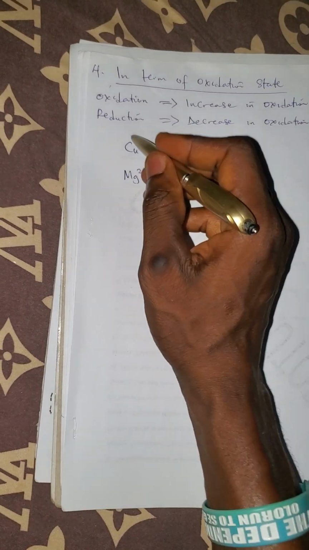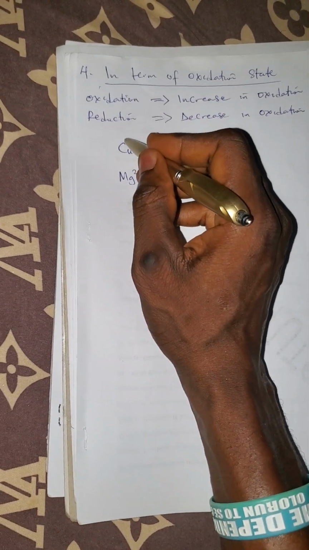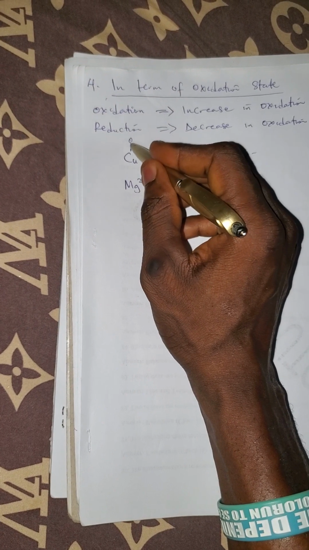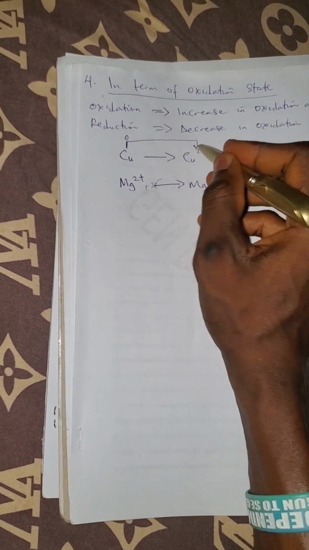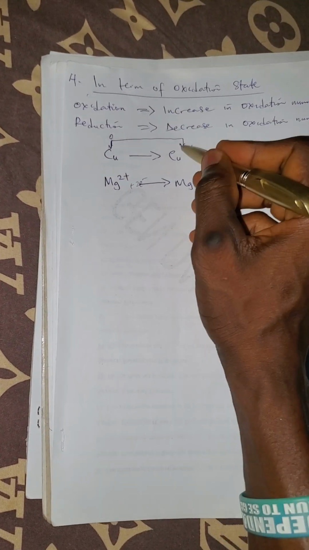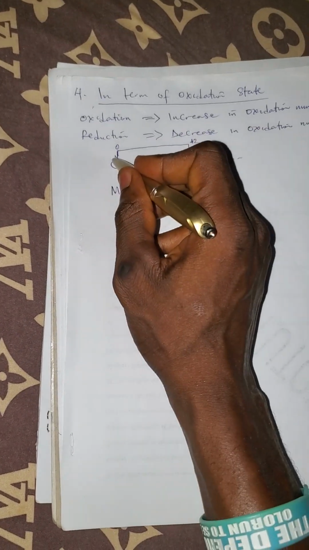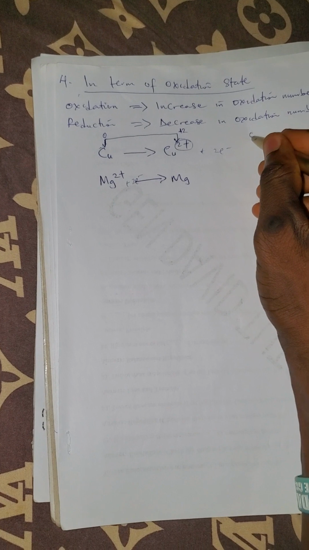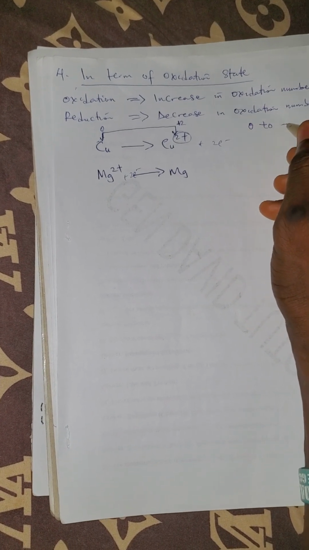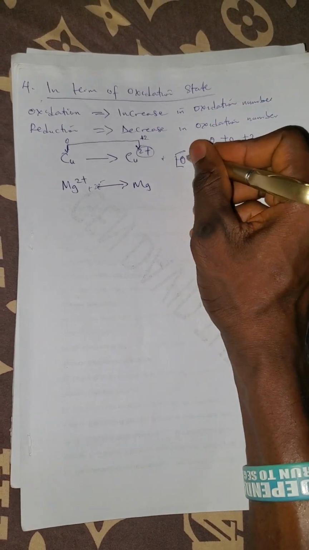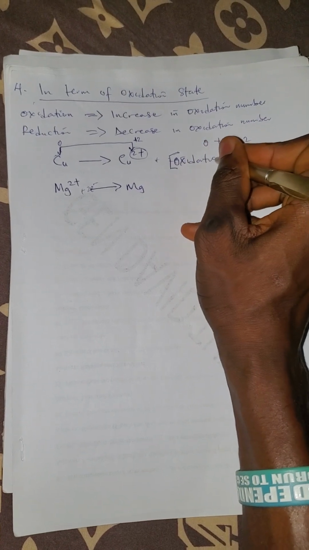You observe that the oxidation state of copper here is 0. From this place to this place is plus 2, but this place is 0. So from 0 to plus 2 means there is an increase in oxidation number, and that process is called oxidation.